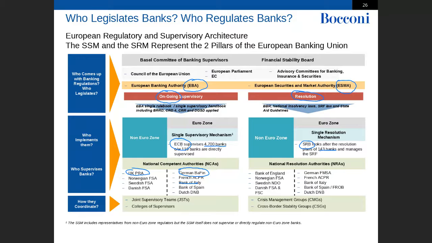So BaFin is a regulator in Germany, and now slowly, nice and slowly, step by step, the ECB is taking care of the full supervision of 4,700 banks, but again, those are only a portion of the total market.